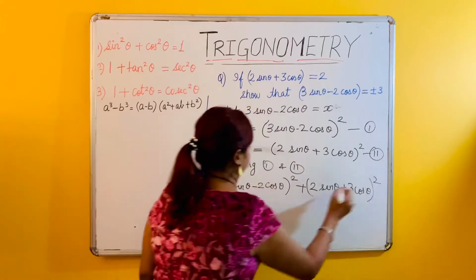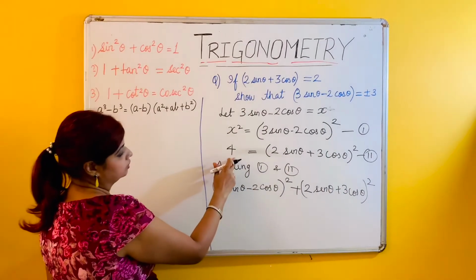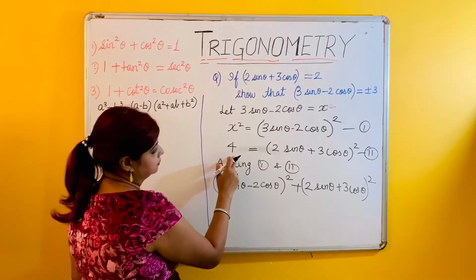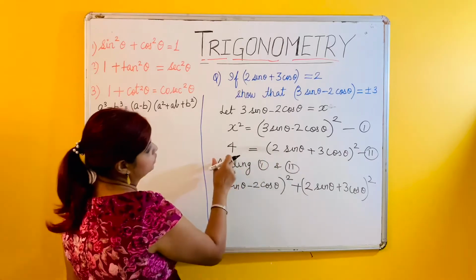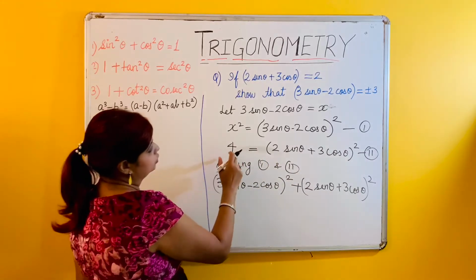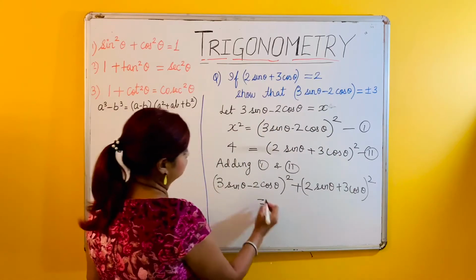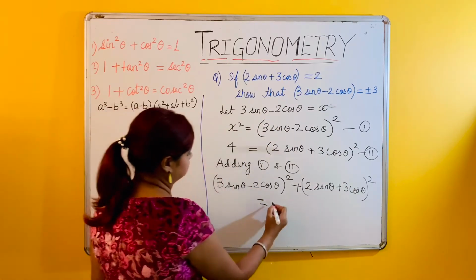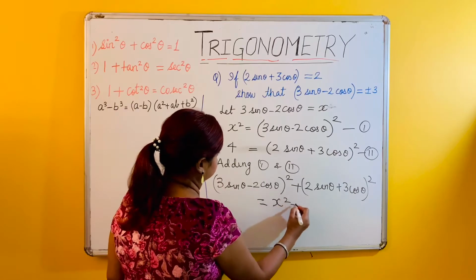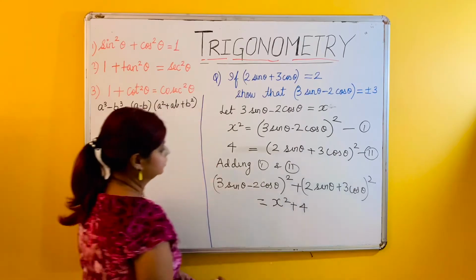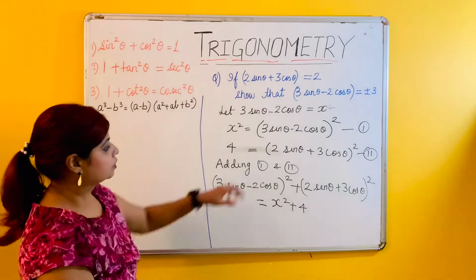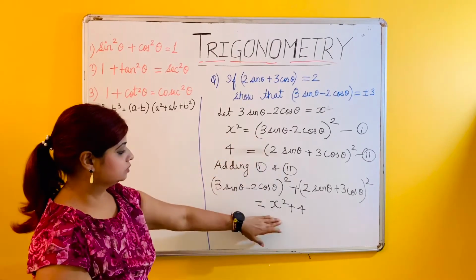The first one is already squared, because we assumed it is equal to x. So it is equal to x square plus 4. We have added these two and these two.